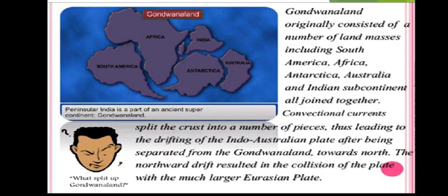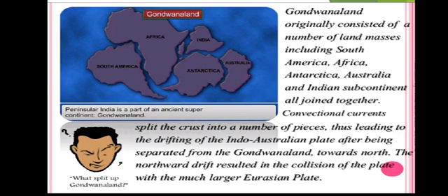Now, here is the southern part, that is Gondwana land. It consisted of South America, Africa, Antarctica, India and Australia. Gondwana land originally consisted of a number of land masses including the countries which I just told you.